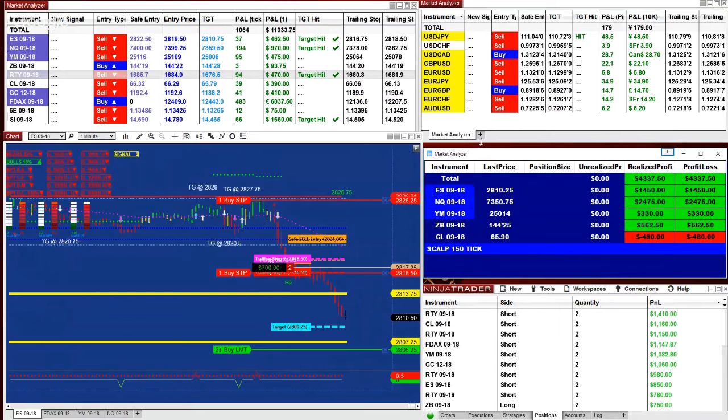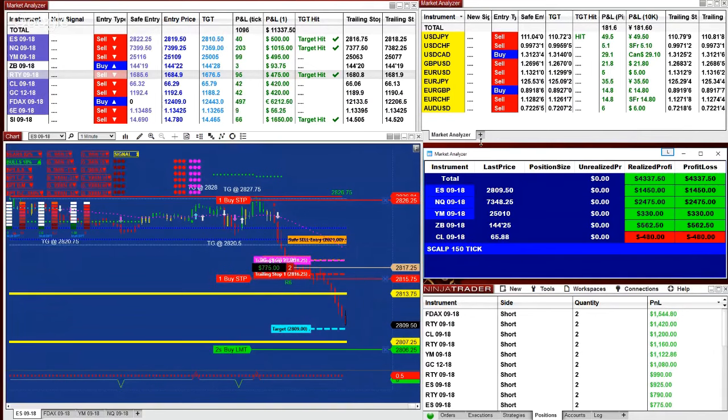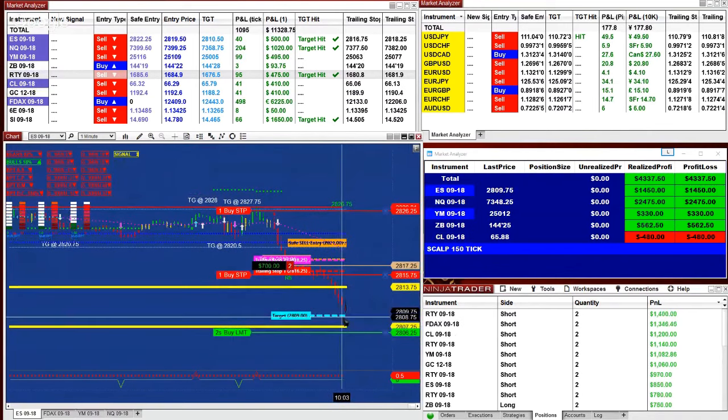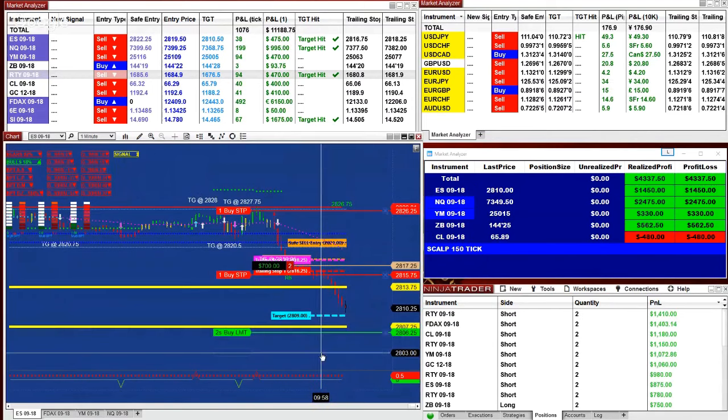It depends if I'm in the mood to get up early or not. But usually I start my day around 5:30 or 6 o'clock in the morning Eastern time to catch up with the DAX. So right now we already hit the target on the ES, 700, based on this one here.